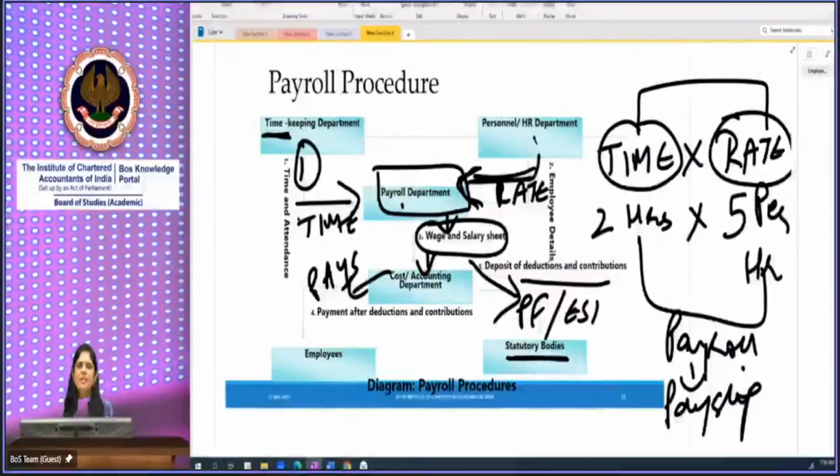If 5 activities are there, time study will just measure the time taken in every activity. But motion study will monitor whether those 5 activities are required or not. Let us say one activity is just idle time; they will eliminate that activity. Clear? So that is time and motion study.